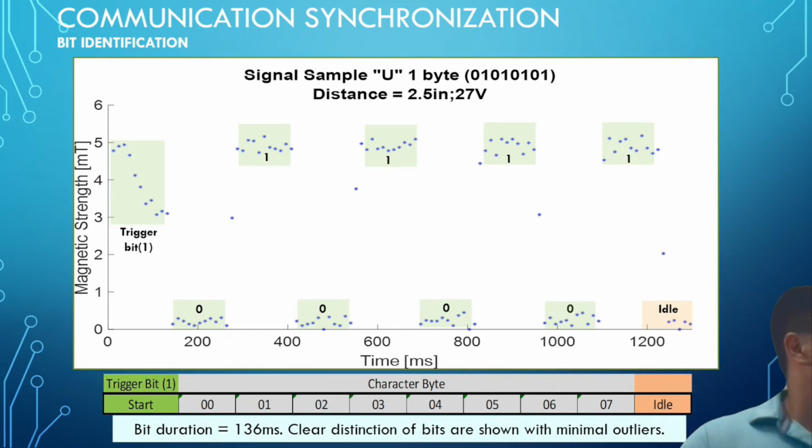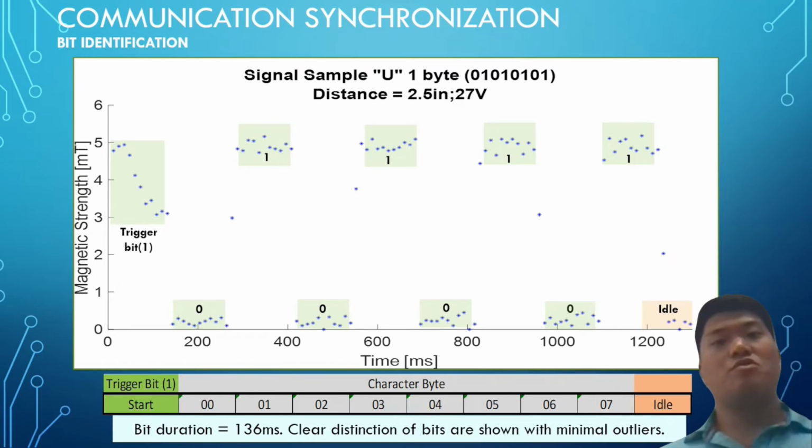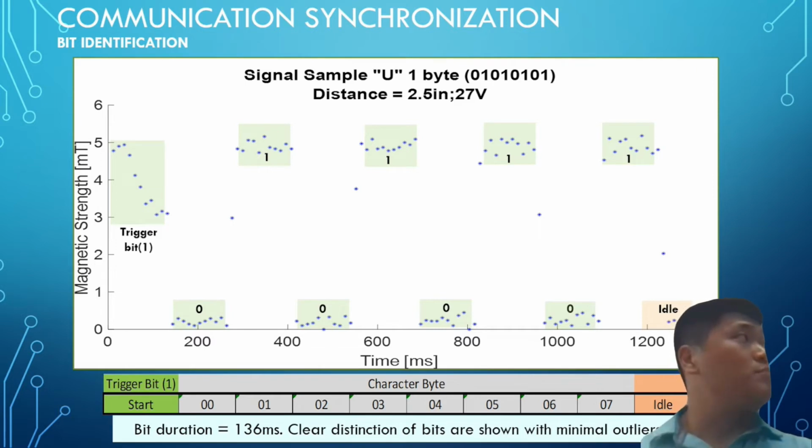Following the communication protocol, you see the first group here is the trigger bit, and then I get the zeros and ones here for the whole 8 bits of the byte, then it goes idle. And again, as I mentioned before, capital U was used for its alternating bit sequence.